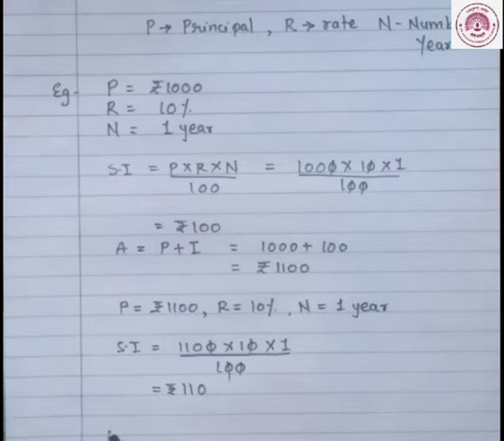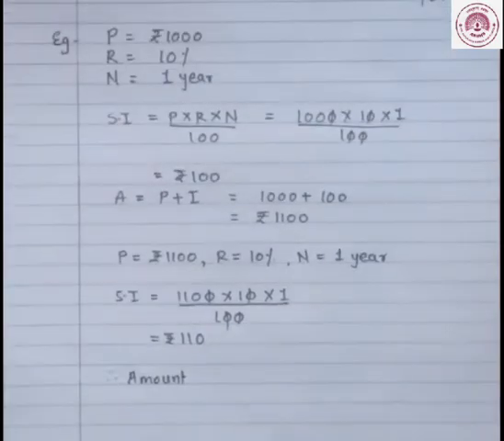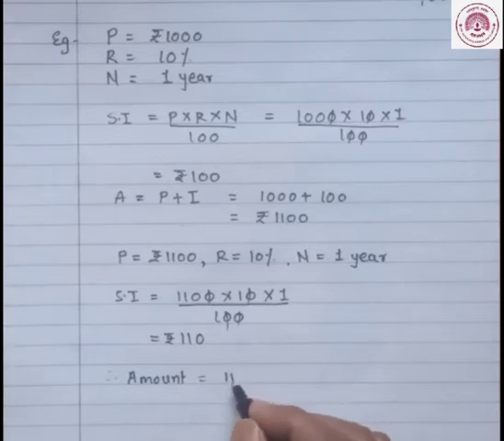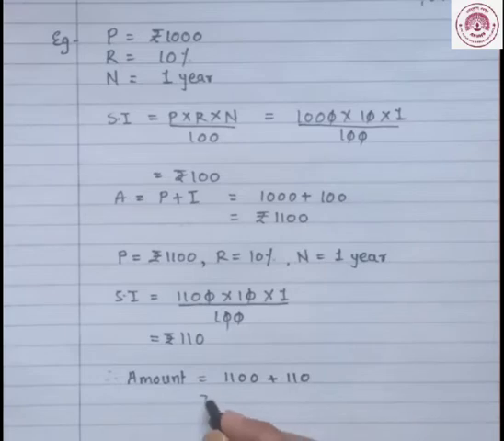So therefore, amount after 2 years will be 1100 plus 110, which is 1210 rupees, right?